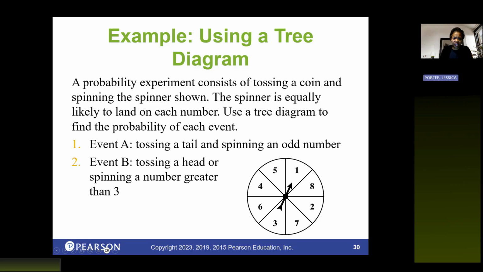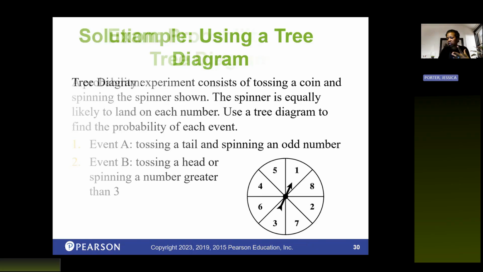So we've got to think about what our tree diagram looks like. You've got numbers 1 through 8. So you toss a tail and you spin an odd number. That's event A. Let's look at the tree diagram.